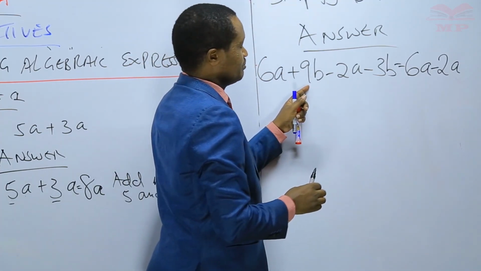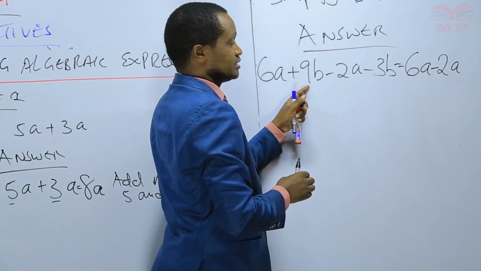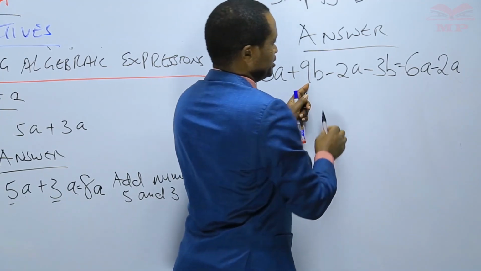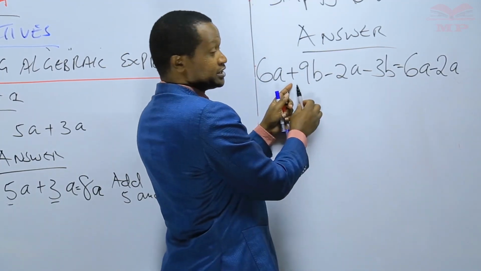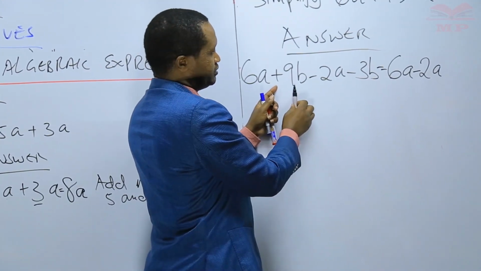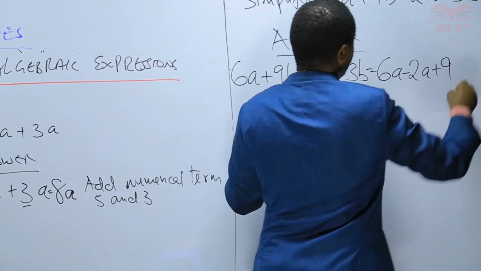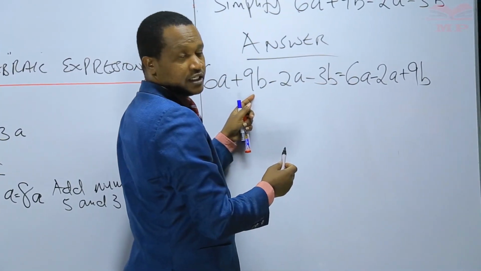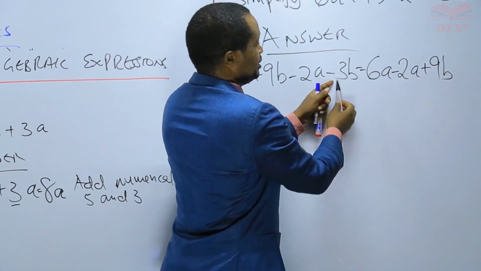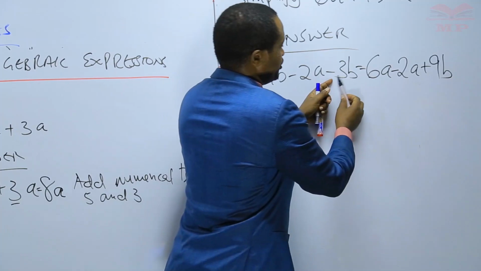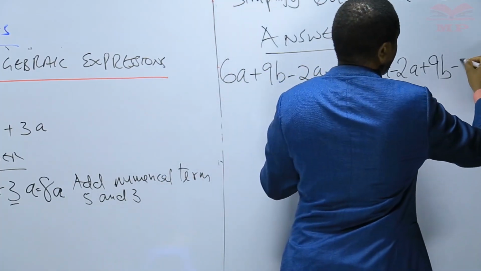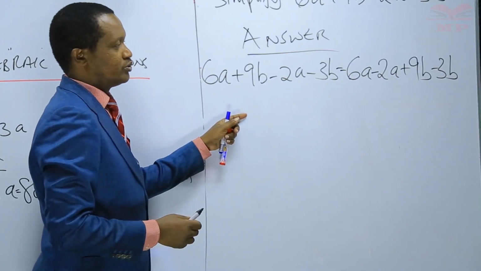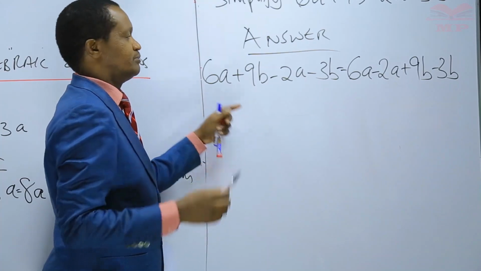The terms that have a letter b are 9b and 3b. This 9b has a plus before it, so we'll write plus 9b. The other like term is 3b. 3b has a minus before it, so we write minus 3b. So we have collected the like terms.